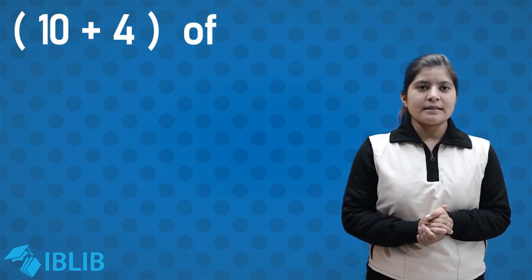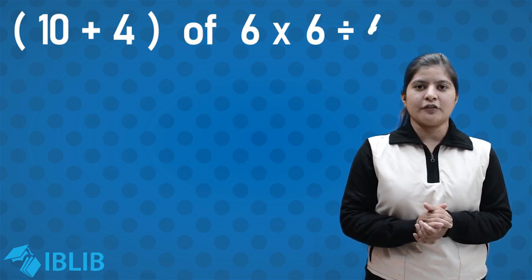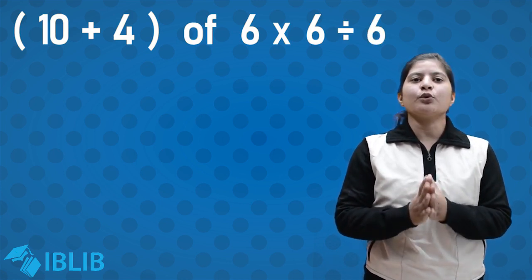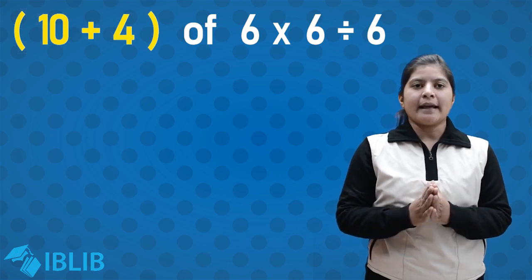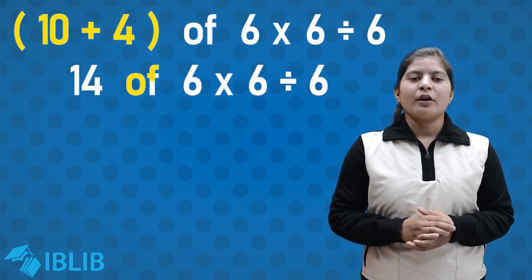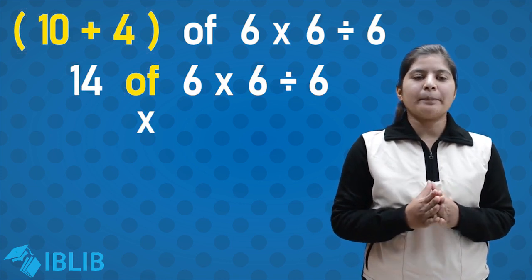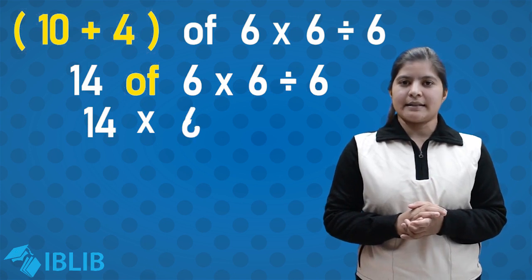Now let's do some questions so that we understand this in a better way. The first question is here. In this there are brackets, of, multiplication and division. So as per the rule of BODMAS, we will first solve the brackets. So 10 plus 4 will give us 14. Now in the next step, we have to replace of by multiplication and copy down the remaining part as it is.